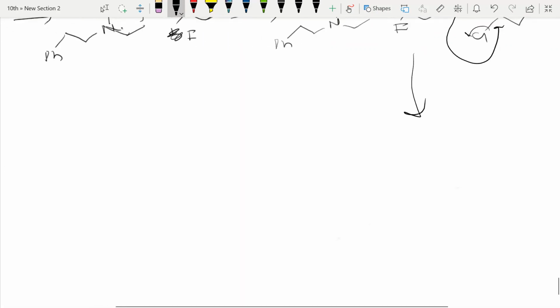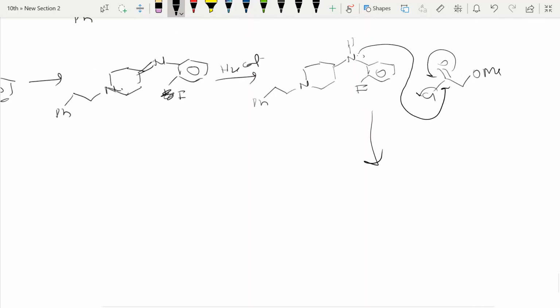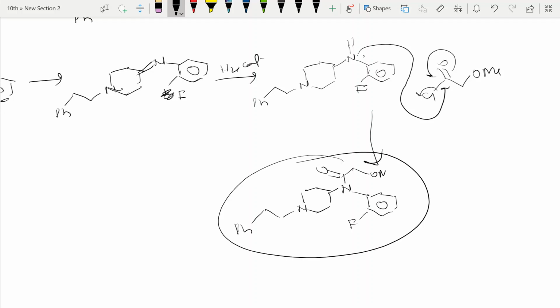It leaves the system. So what happened? See here, nitrogen is there, CH2CH2Ph, and here nitrogen, CO, CH2OMe, and the other things remain the same, F, right? So this is the product we got.